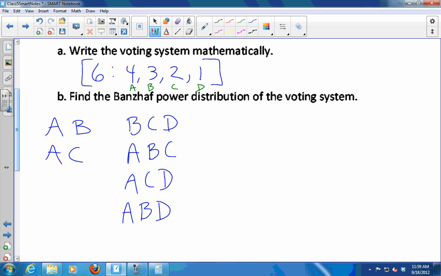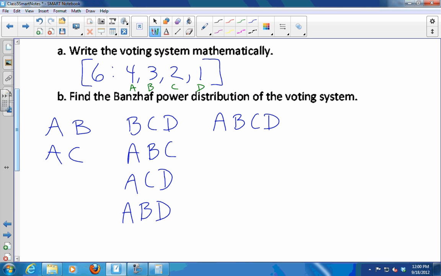I heard some oh no's there. Yes, and now we have the 4-player coalition, A, B, C, D. All right, are there any more? Did I miss any? Okay, I think that's good.